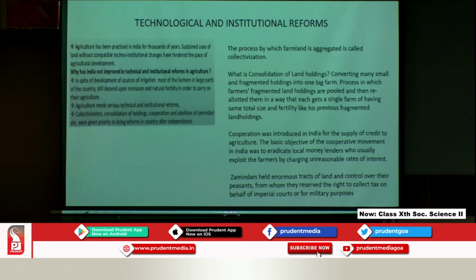So, there are certain features in agriculture which need to be changed, be it on the field, that is in the agricultural regions, or technical or institutional reforms, the offices, what are the various laws, what are the various provisions that we need to meet in order to improve agriculture. If it has to go down to the farmers, what are the benefits and improvement that we need to make in our agriculture in order to benefit them and in order to improve the production in the country.